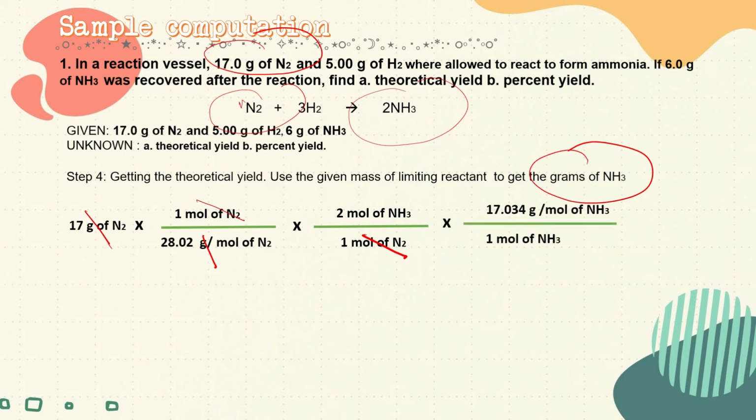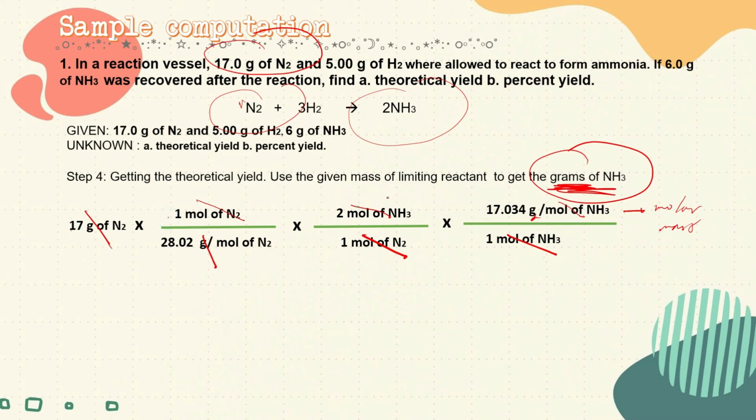Then, i-convert naman natin into grams, ang kailangan kasi natin is gram of ammonia. So, in 1 mole of ammonia, meron daw po tayong 17.034 gram per mole of ammonia. Ito ay yung molar mass ng ammonia doon sa step 1 natin. So, cancel out mole of ammonia, matitira natin yung grams. So, proceed tayo, 17 gram.